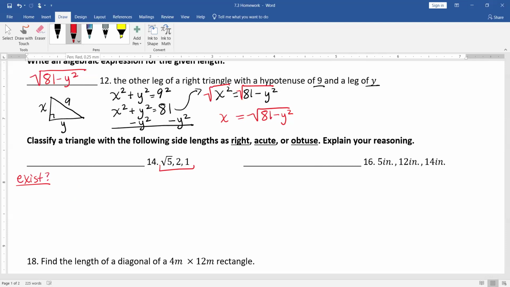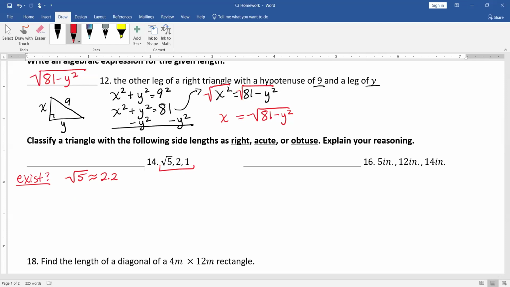All right, so first we have to figure out what the square root of 5 is. Well, the square root of 5, as we learned earlier in a previous problem, is around 2.2. So if this were a right triangle, that would be your hypotenuse. The hypotenuse has to be longer than either of the other two sides in a triangle.